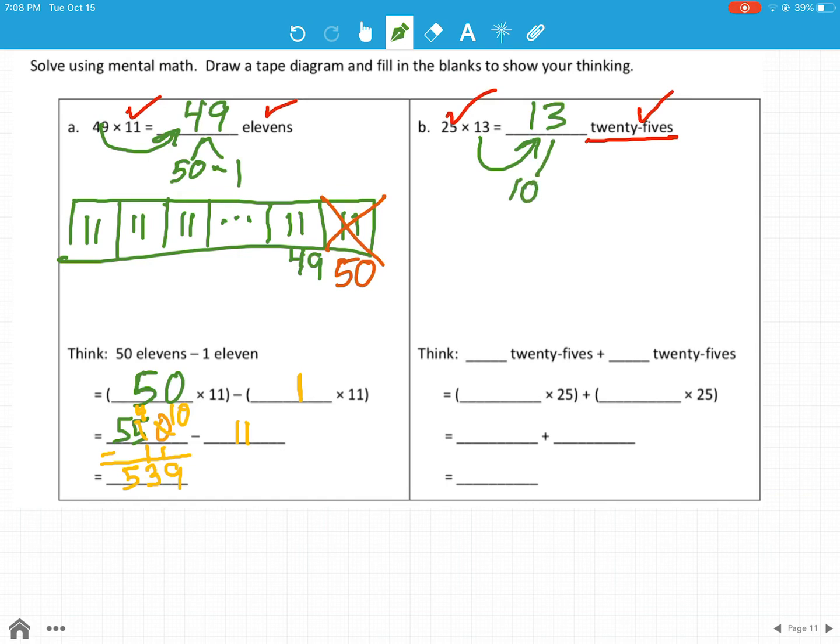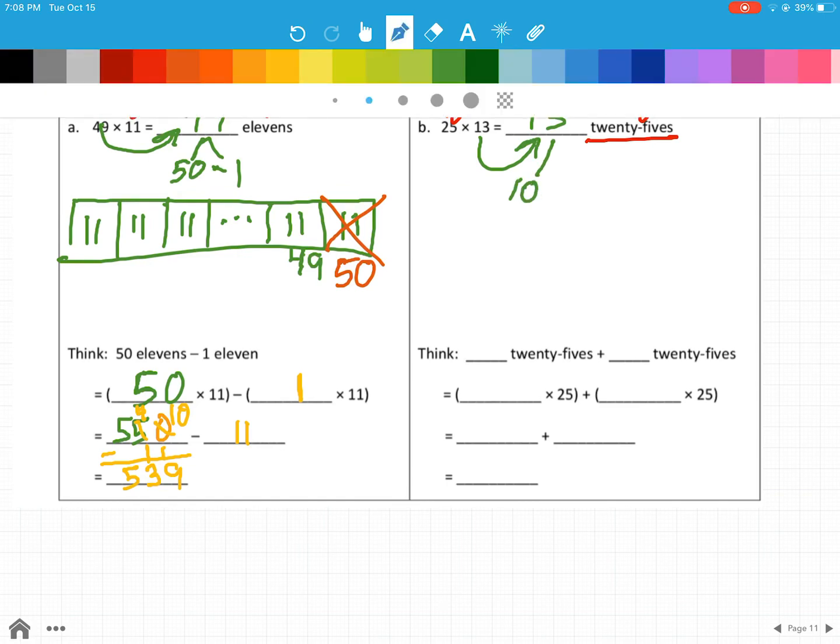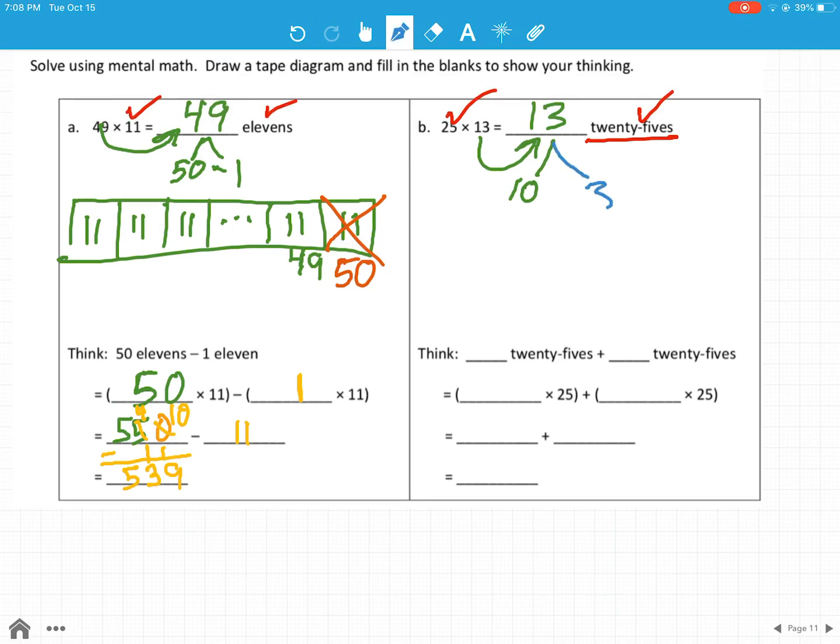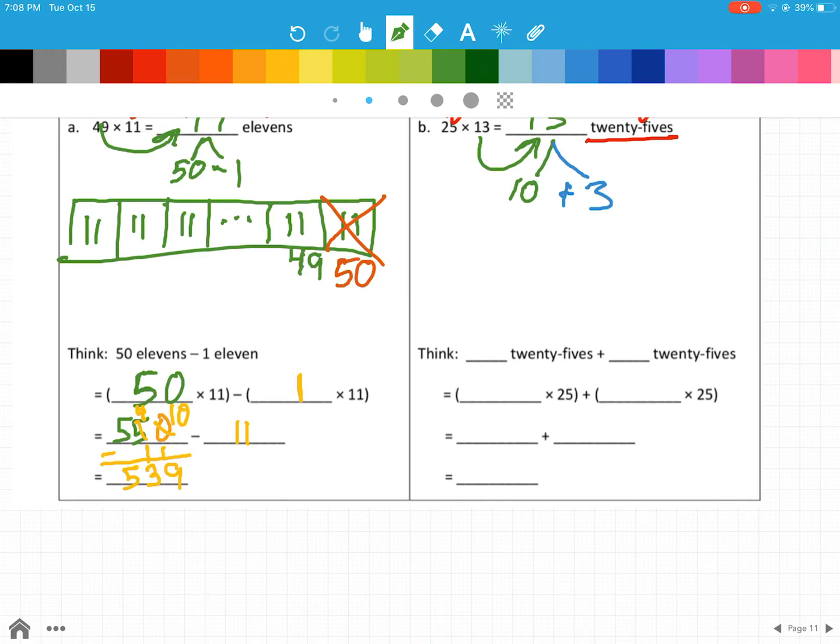Well, we can use a 10, that's easy, and we can use a 3. All right, so what's next? What comes next is now we have to draw the tape diagram.